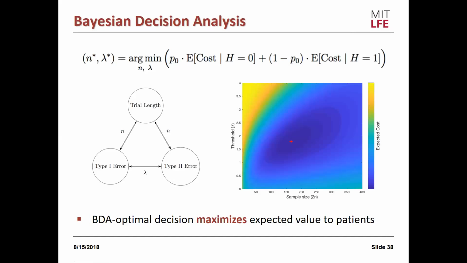Now, in this case study analysis, we implement this Bayesian decision analysis framework using the patient preference information that Brett described earlier to design optimal clinical trials from the patient perspective for a hypothetical neurostimulation device.